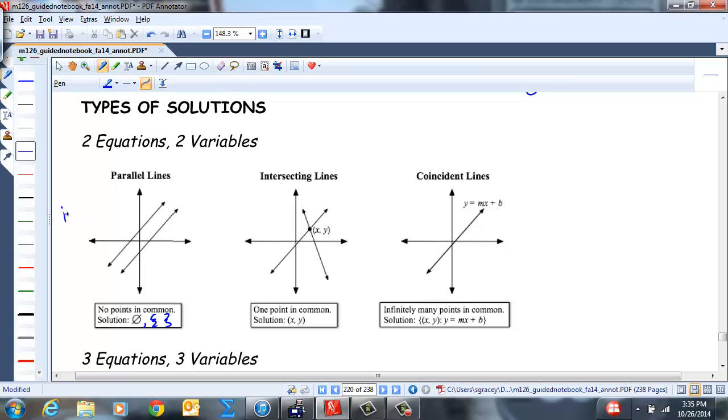And this is considered an inconsistent system. Now over here, when you have intersecting lines, you get an ordered pair solution, right? So you end up with just a single ordered pair, and both of these actually are consistent systems.